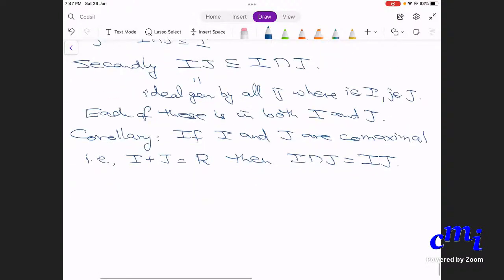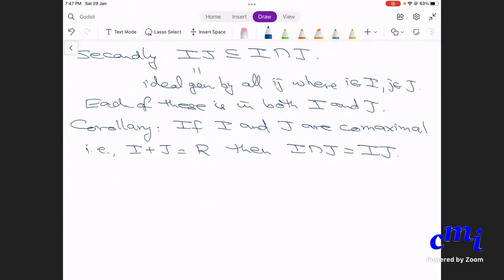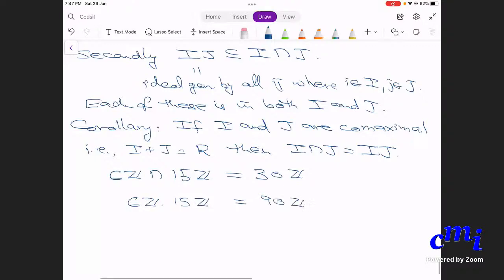So let's again go back to this example. We know 6Z intersect 15Z. What was the answer to this? Something divisible by both 6 and 15 is divisible by 30, so it is 30Z. And what is 6Z times 15Z? This is 90Z. Notice that these two are definitely not equal. I ∩ J and IJ are not equal here.